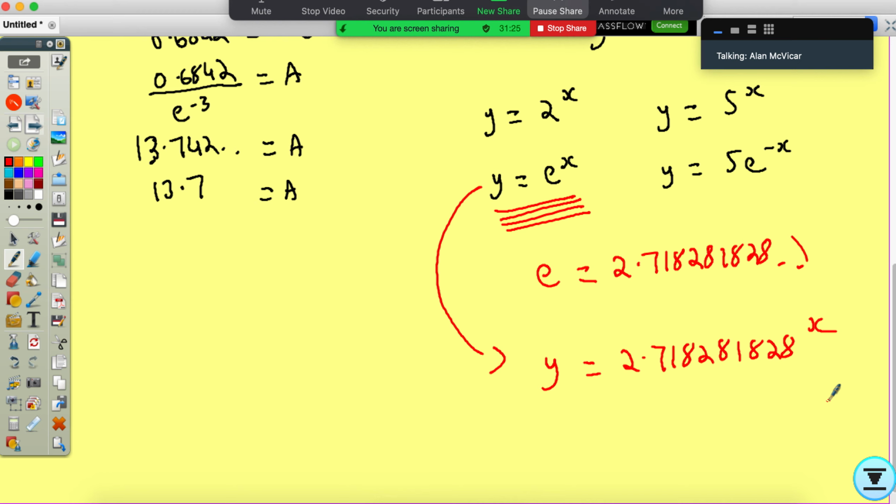The same way, if you're doing a question with pi, you can't just use 3.14, because if you did that, none of our cars would work. Right? It needs to be more accurate than that. Okay, so all the logs and exponential questions we are going to do involve this special exponential.